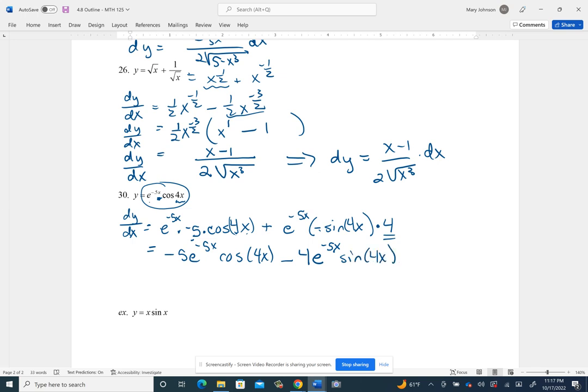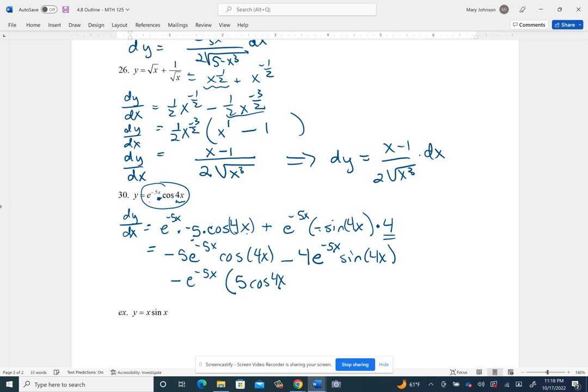So I can't really make this a whole lot better right now, but I did notice there's at least e to the negative 5x that's common, so I could pull that out. If I pulled out the e to the negative 5x, then inside here, maybe I'll go ahead and pull out a negative. Then inside here, I'd have positive 5 cosine 4x.